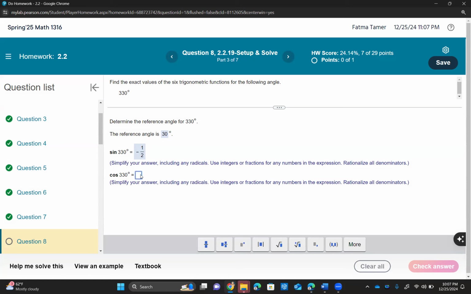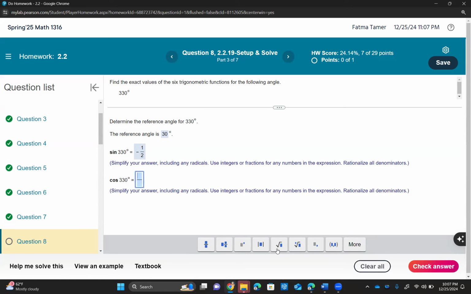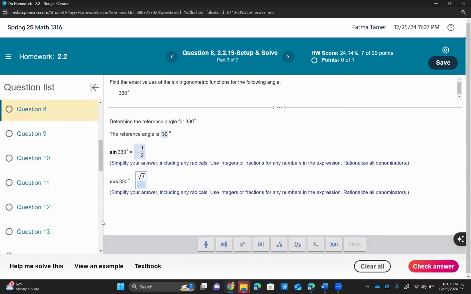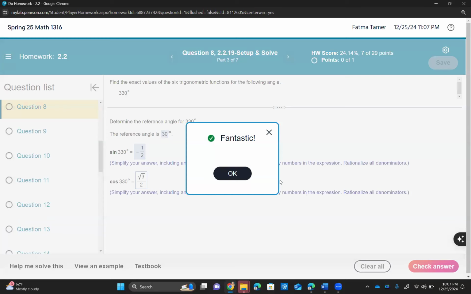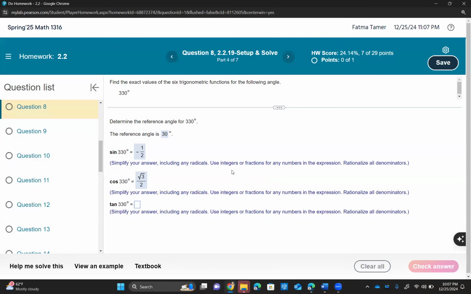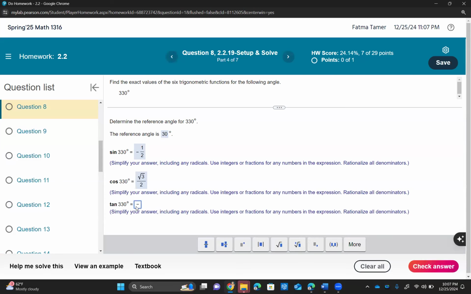So this will be cosine of 30, and cosine of 30 is root 3 over 2. For quadrant 4, the cosine value is still positive, so I don't need to add a negative sign there. Tangent is going to be the ratio between these two numbers, so that's just going to give me negative root 3 over 3.